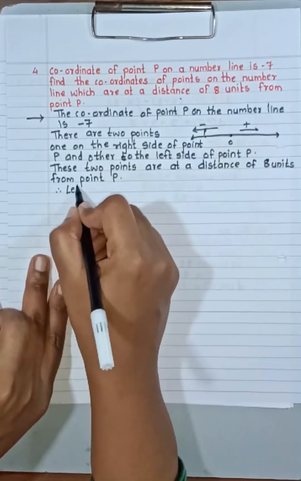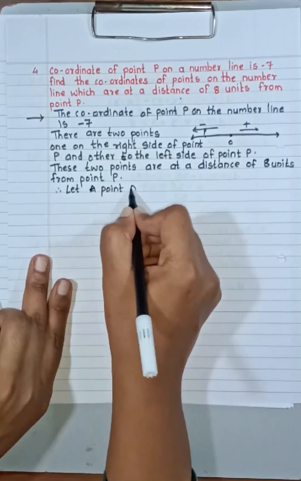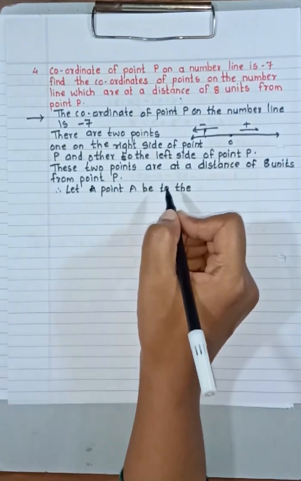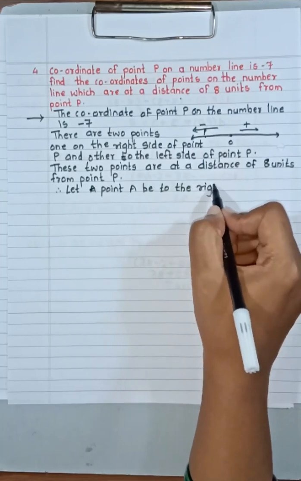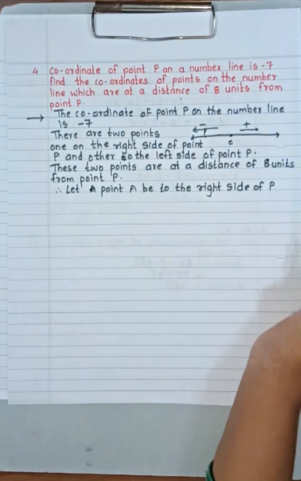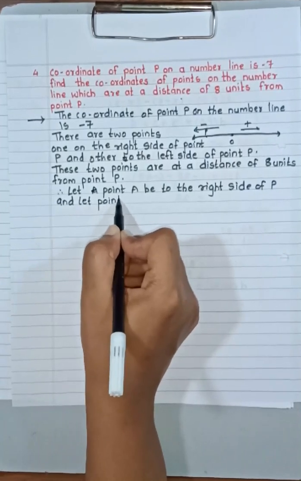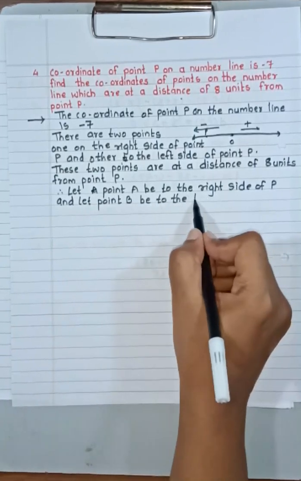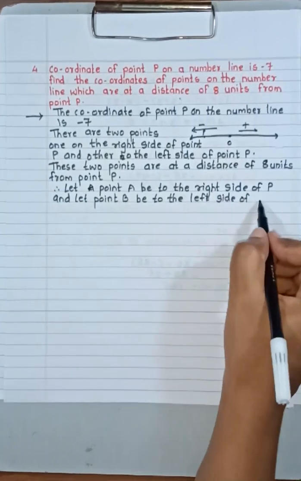Let point A be to the right side of P. And let point B be to the left side of point P.